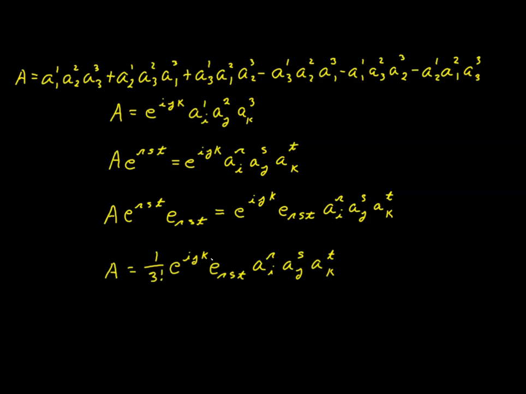We have dummy indexes. We've got 6 dummy indexes here, so the whole thing contracts to a scalar value out here on the left.